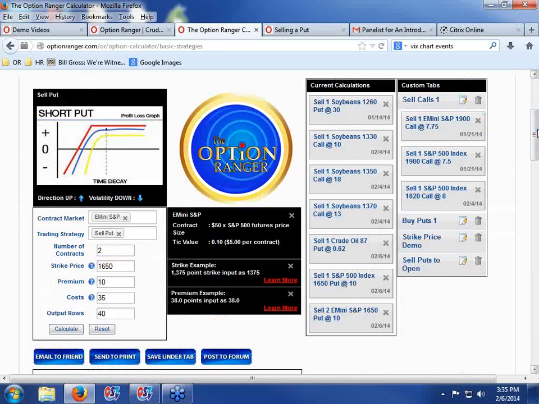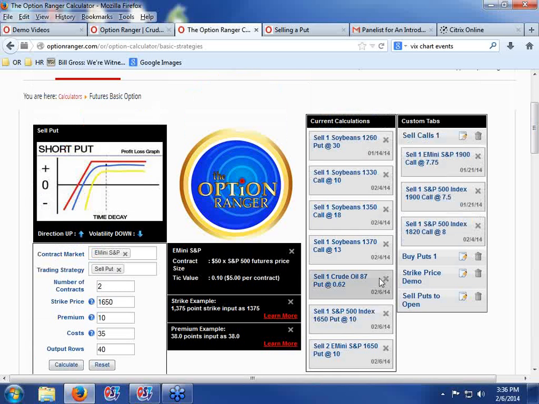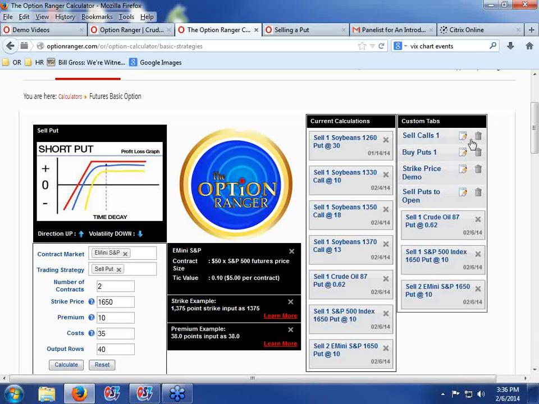For those of you who are not familiar, this tab enables us to save trades, to put in trades with a date, with an amount, and then we can look at that trade and follow the results. And we also have customized tabs, and today for our purposes we created a tab for selling puts to open, which is what we are discussing today.